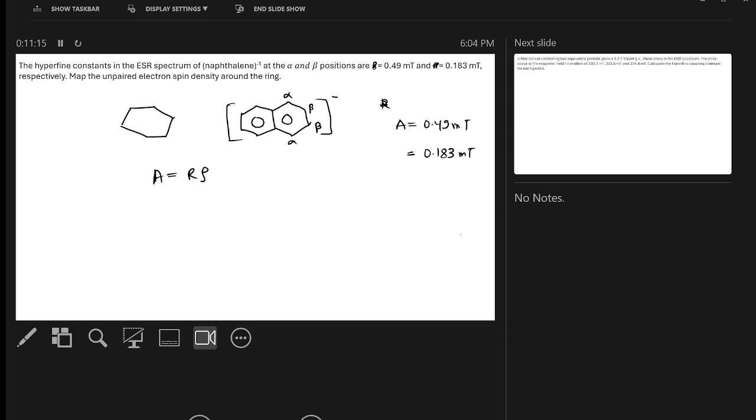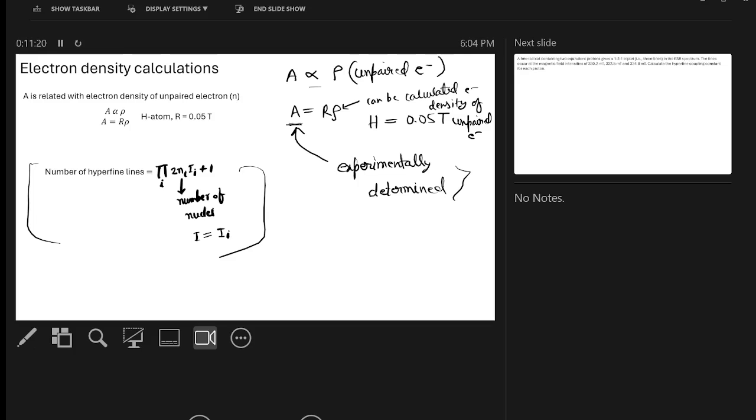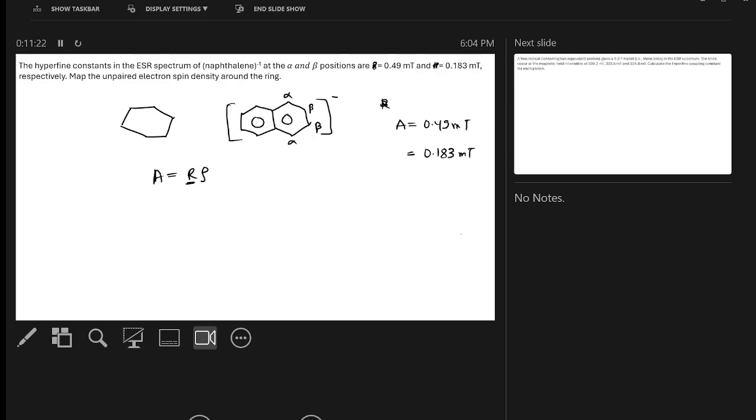We know that R for the hydrogen atom is 0.05, so you will consider R as 50 millitesla. It was 0.05 Tesla, so I multiplied by 1000. So here you can calculate rho at alpha and at beta.